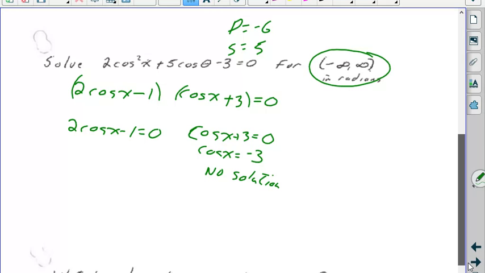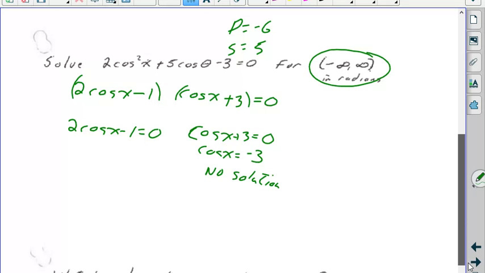Now, we really haven't talked about cosecant and secant. Secant and cosecant have a range from negative infinity to -1 or 1 to infinity. So if I had cosecant x is equal to 1/2, there's no solution to that. We see that when we flip it over and go, oh, that's sine x is equal to 2.